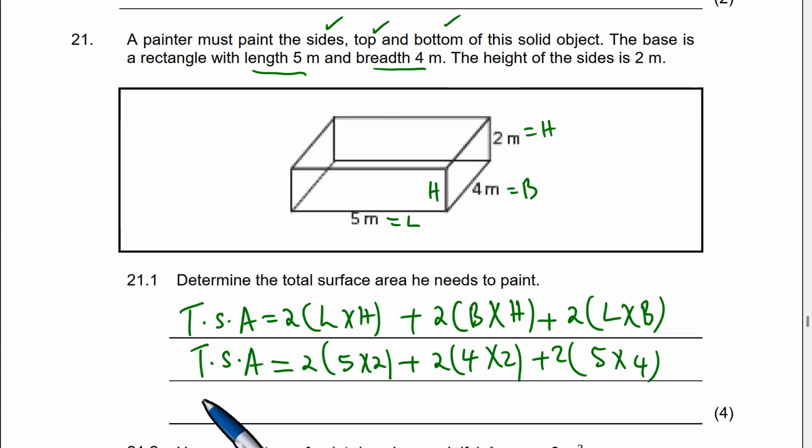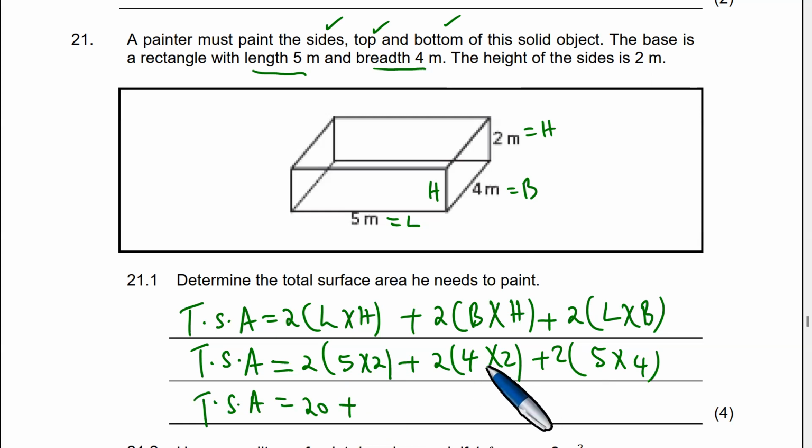So what is the total surface area of this? If you calculate it properly, I'm expecting it to come closer to 30. Let's start with this. What is 5 times 2? 10, by 2, 20.